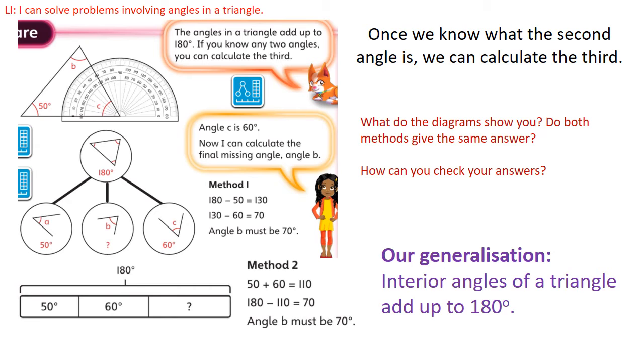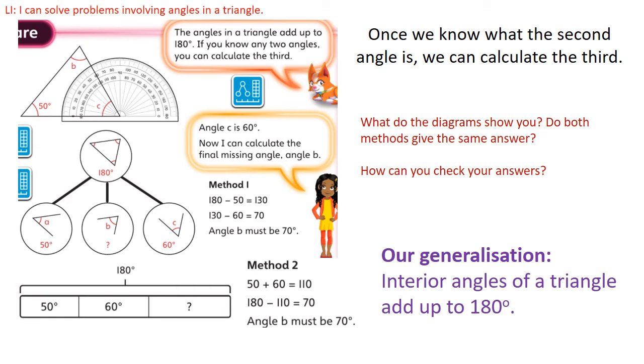We could do 180 degrees, take away angle A, which is 50, so that would give us 130. We could then take away from 130 angle C, 60. So that would give us 70 degrees.